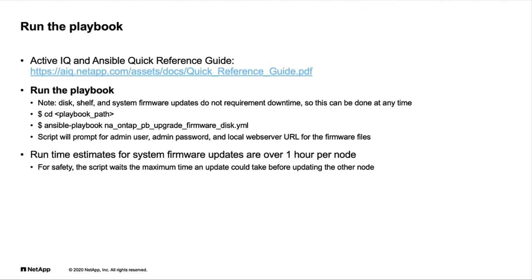Please note that for safety reasons, the script pauses for a long time between certain firmware loads to make sure that the previous operation has successfully completed. To speed up the process, you can actually check on the CLI if the firmware update is already complete and manually move the script forward by hitting Control-C and then a capital C to continue if you want. This is a standard Ansible script process.